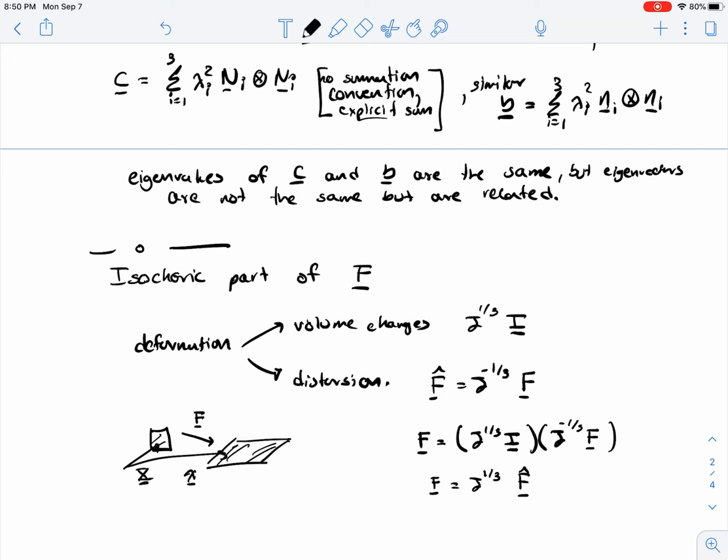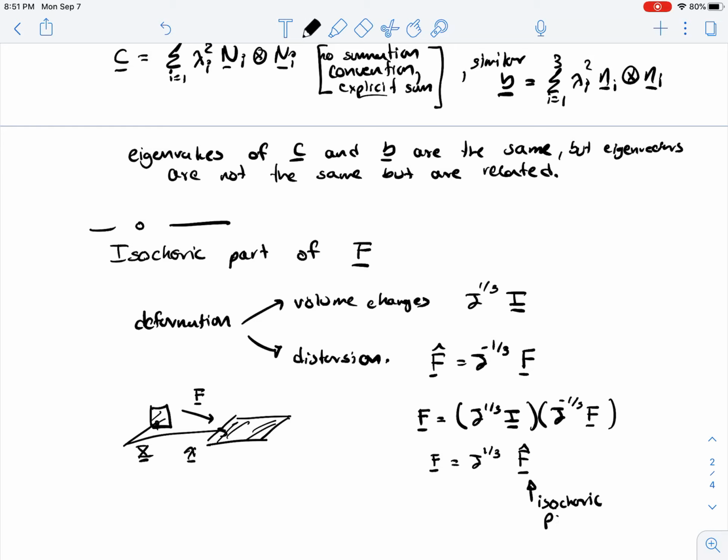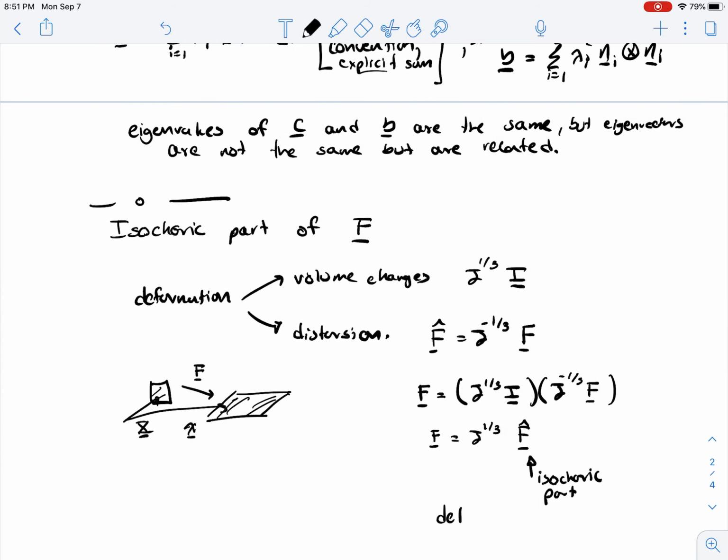And I'm just saying this is going to be J to the 1/3, and I'm giving a special name to this J to the minus 1/3 F. I'm going to call it F hat, and this one is called the isochoric part, or volume preserving, basically. Also the distortional component of F, right?